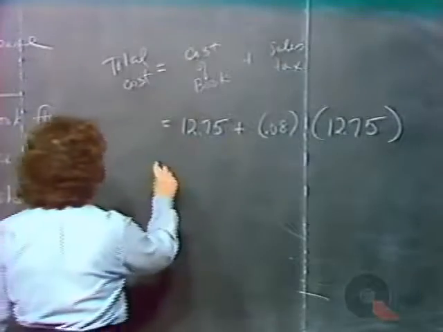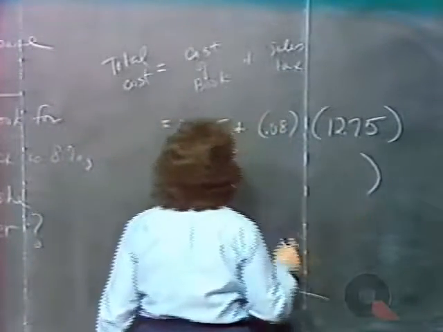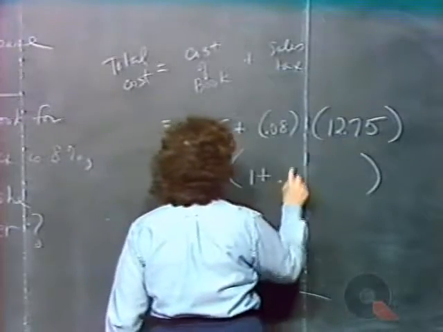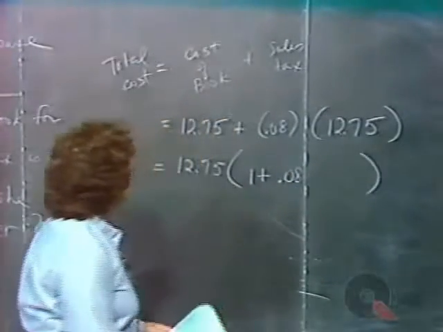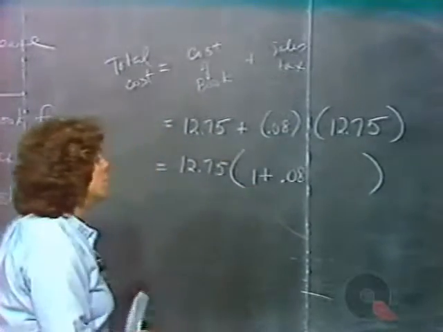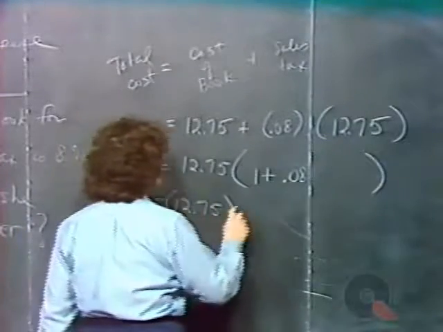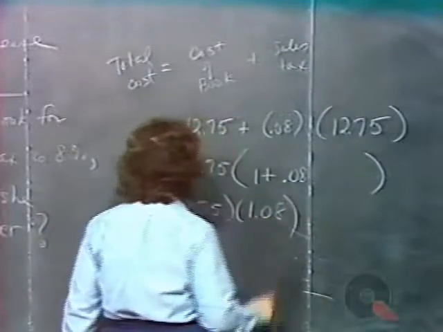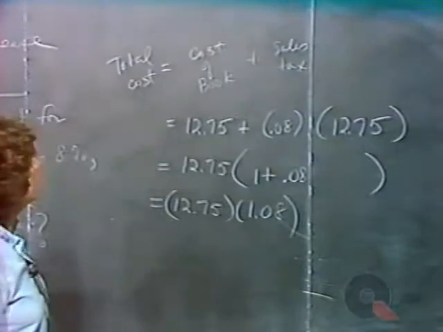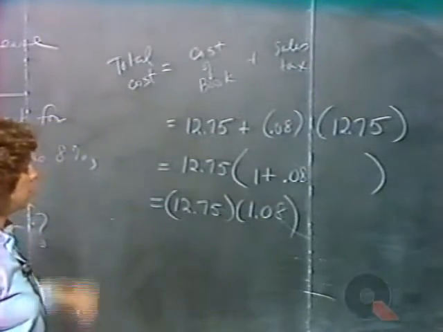So this is 12.75 times 1 plus 0.08, which is 12.75 times 1 plus 12.75 times 0.08. So 12.75 times 1.08. In other words, she has to pay 108% of the price of the book: 100% for the price of the book and the other 8%.